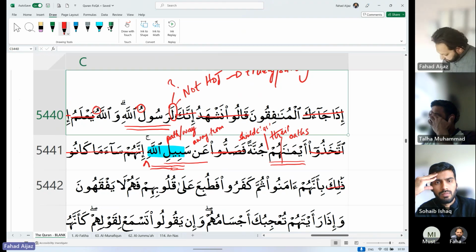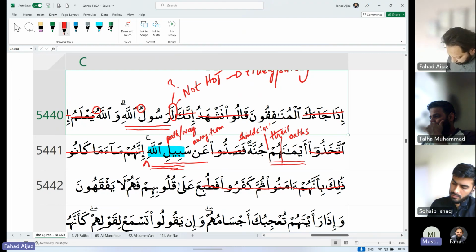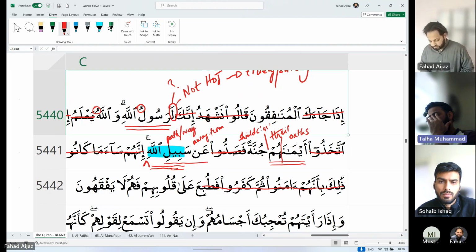Zalika, you can leave. بأنهم, you can leave. آمنوا ثم كفروا وطبع الله. Fahad asks why bi annahum is not a harf of jar, since it's bi. Yes, but this is another harf.